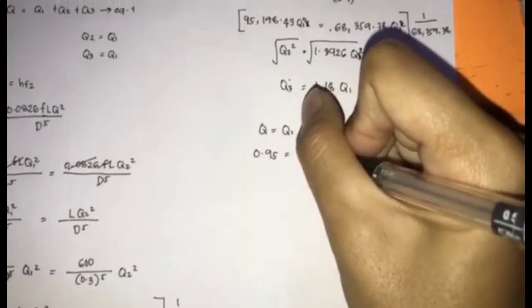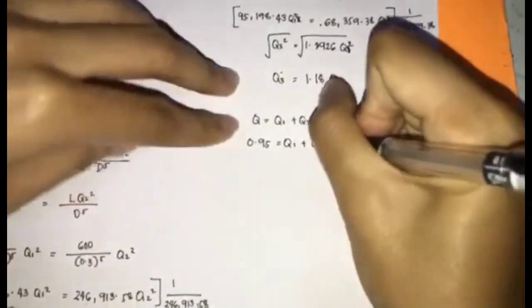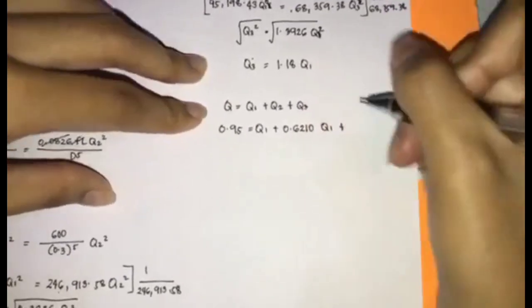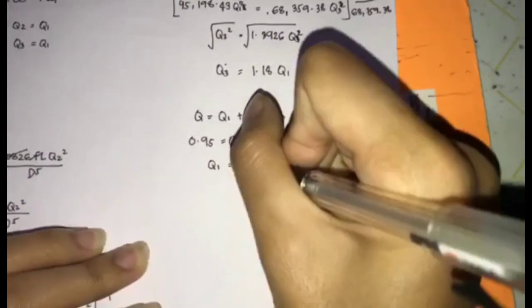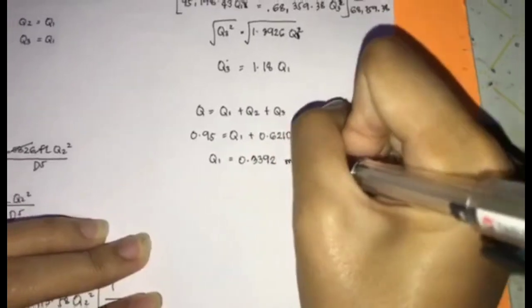So we have a discharge of 0.95 equals to the Q1 plus the Q2, which is 0.6210 Q1, plus the Q3, which is 1.18 Q1. So shift solve, we get the value of Q1, which is equals to 0.3392 cubic meters per second.